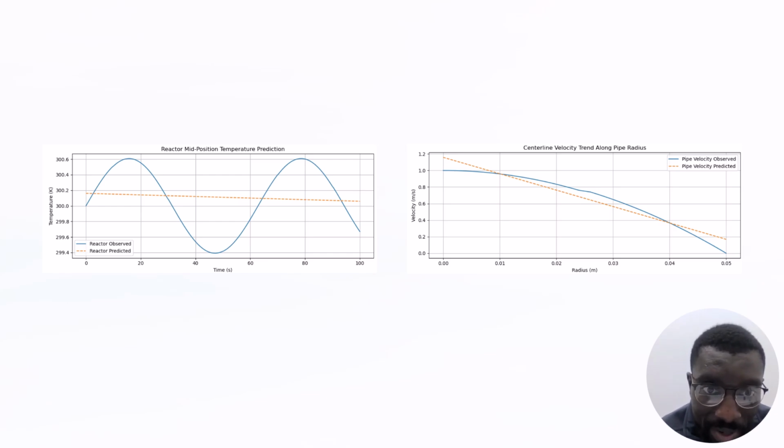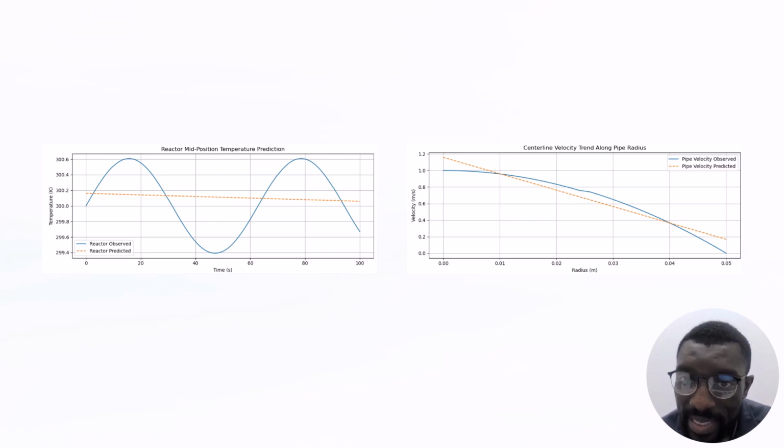On the left hand side we had the reactor temperature prediction. As you can see, the observed data oscillated because we observed the reaction, and the predicted was the orange dotted line, which makes sense because the temperature was decreasing, an indication of heat being transferred.